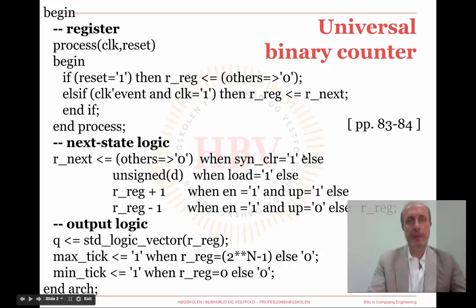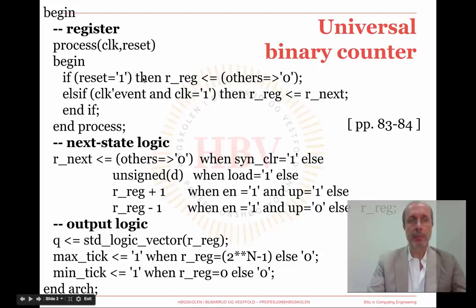The first one is the difference between the asynchronous reset and the synchronous clear signals. The asynchronous reset is just the usual construct that we have already used several times before. If the reset input is brought to 1, then the counter output will be set to 0.